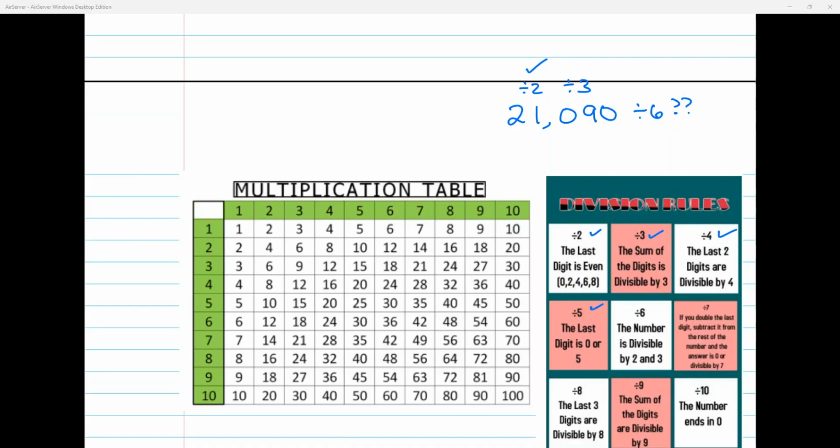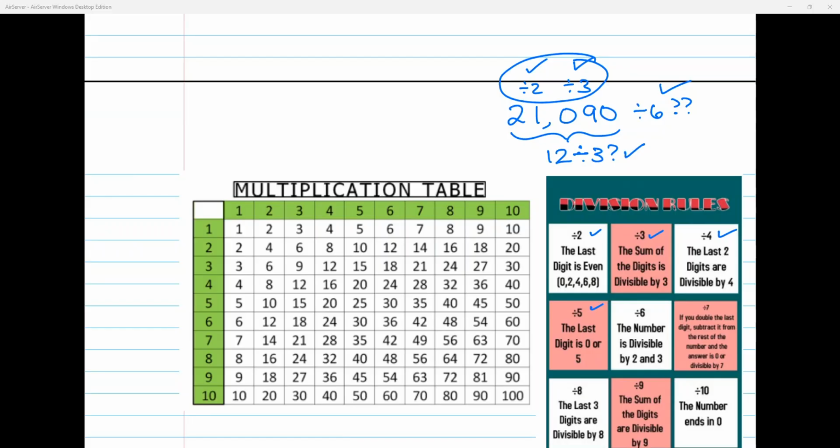Well, that's the one we did a little while ago where you have to add up the digits and see if it's divisible by 3. So I'm going to add 2 plus 1 is 3, plus 0 is still 3, plus 9 is 12, plus 0 is still 12. So when I added these up, I got 12. And 12 is divisible by 3. The answer is yes. So it's divisible by 3. Because it's divisible by 2 and 3, then it's divisible by 6.